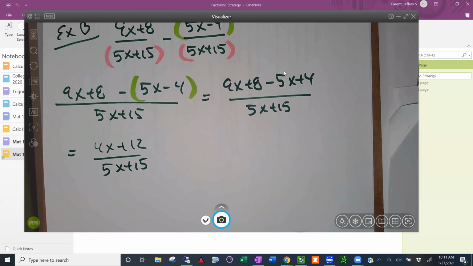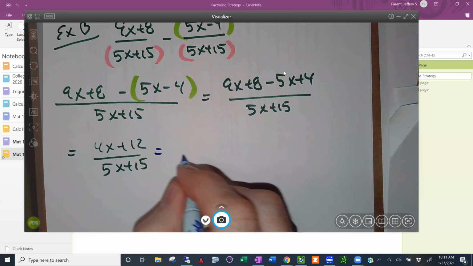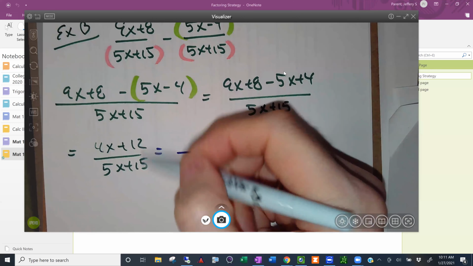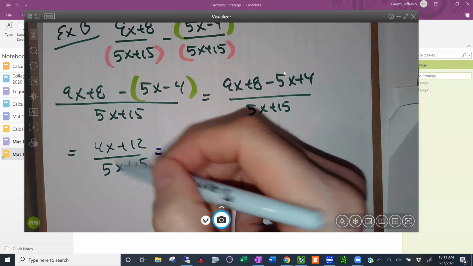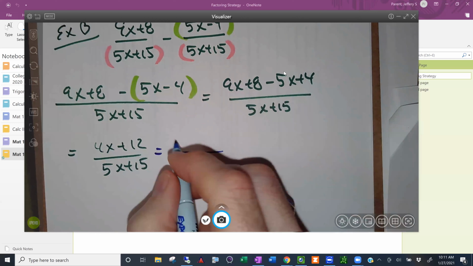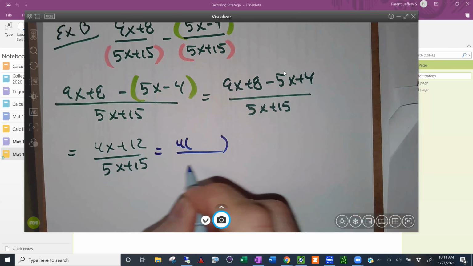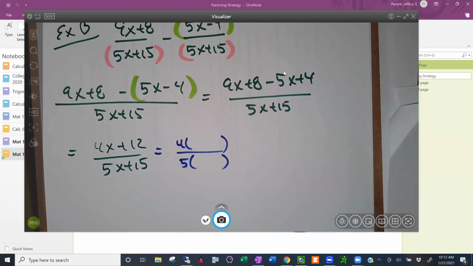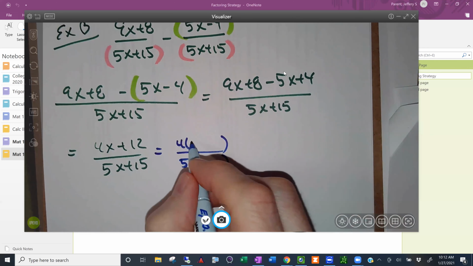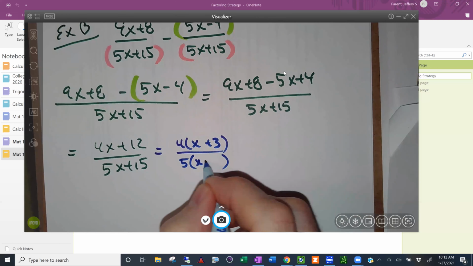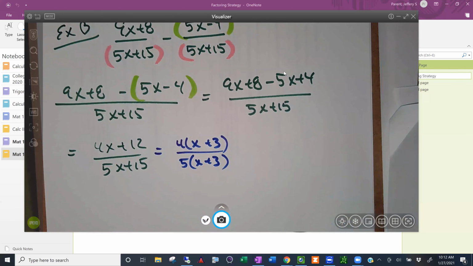I'd be happy to tell you we're done, but we're not. We got to look for some more simplification. You can't cancel the 3's here. You can't cancel the x's here. But what you can do is you can factor this. The first thing you always look for in factorization is a GCF. If I factor out the GCF, I'm left with this.